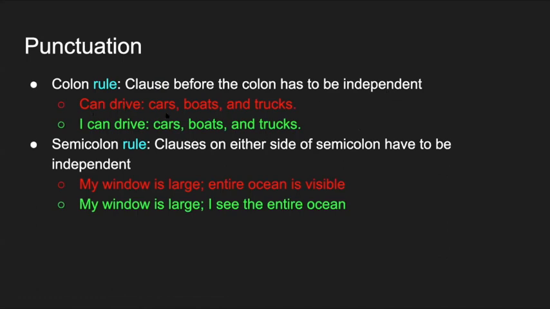So can drive, cars, boats, and trucks is incorrect because can drive is not independent. Can drive is dependent. The correct way is I can drive. This is independent. Colon, cars, boats, and trucks. Only the clause before the colon has to be independent. So the rule is clause before the colon has to be independent.